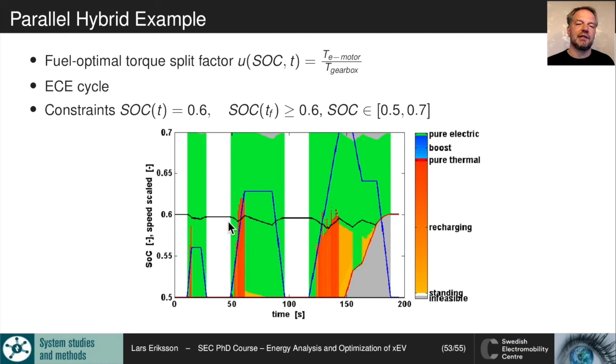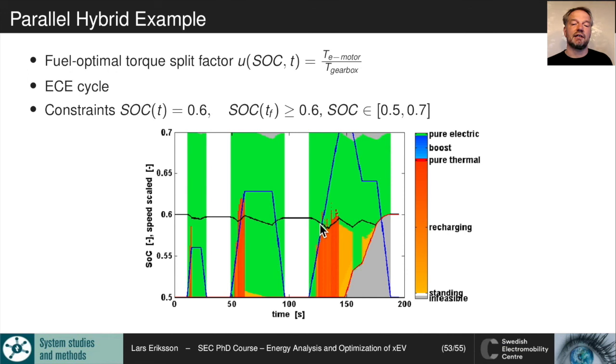Then in this part here we go down a little bit, and then we use pure thermal energy. So we use pure engine. We don't do any boosting. We drive here and then we go up here, and here is pure regenerative braking. We can see that because the state of charge increases.